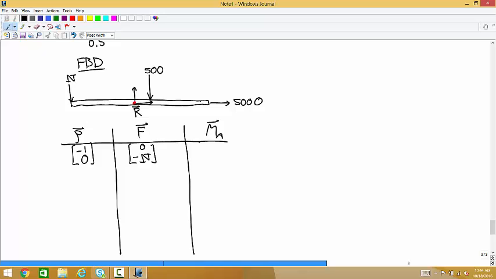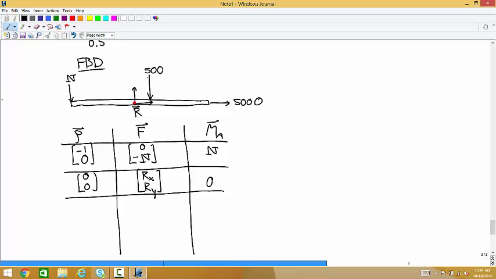And so the moment is positive N. At the pin joint, that force R is at the about point, so rho is 0. The force vector is Rx, Ry, so there's no moment.